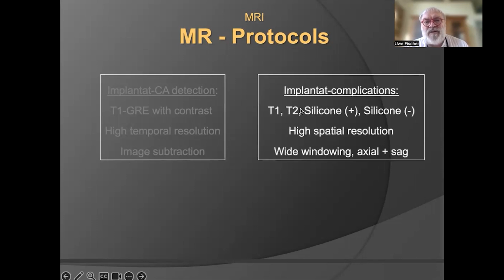So what we use for implants is another protocol. We use T1, okay, T2 imaging preferred with fat suppression. And in addition, we can perform silicon plus and silicon minus.